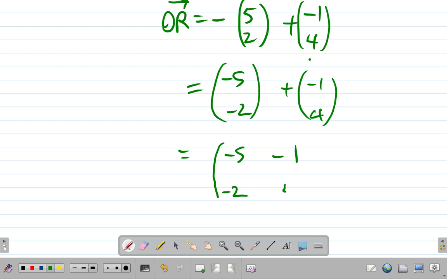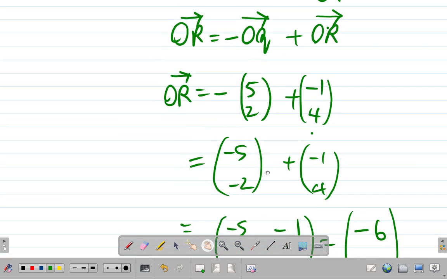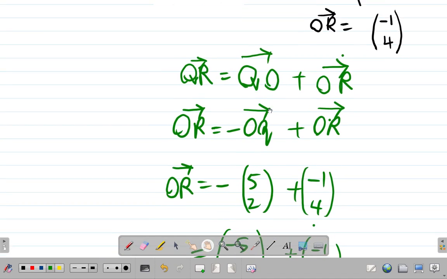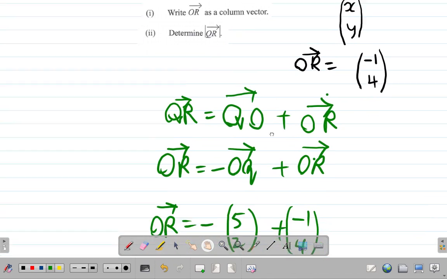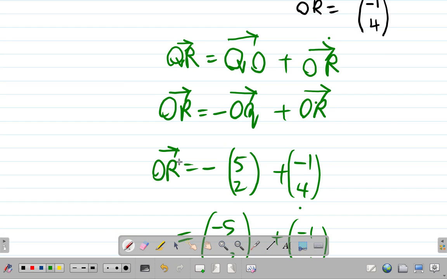Negative 2 plus 4 in the y position. Negative 5 minus 1 is equal to negative 6. Negative 2 plus 4 is positive 2. So it's negative 6, 2. QR is negative 6, 2.